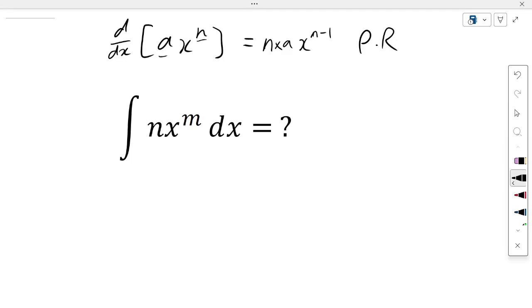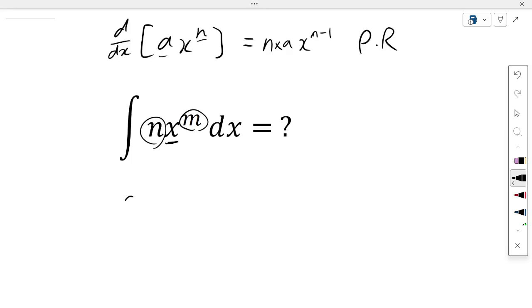So we have the integral of nx raised to the power of m with respect to dx, meaning that x is the variable inside of this integral. So if we do it with respect to dx, this means that n and m are both constants. You represent these as constants.